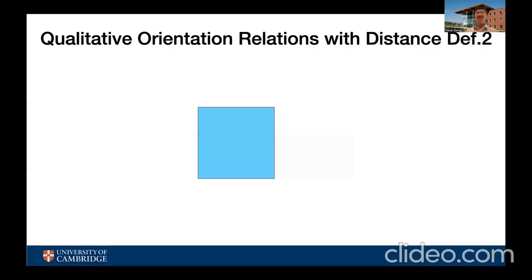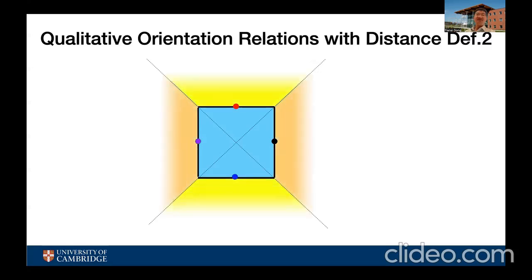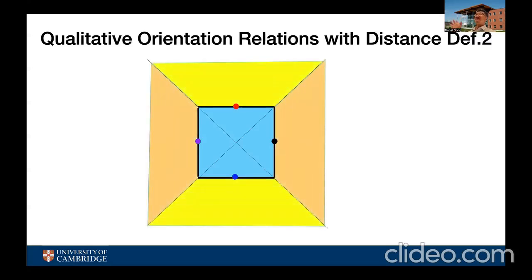If we replace the distance definition using the central point of the segment, then a point in this area is closest to the black segment, and the space is partitioned into 4 areas this way. We name them north, east, west, south. That's a different kind of qualitative orientation framework, also defined by Andrew Frank in the same paper.